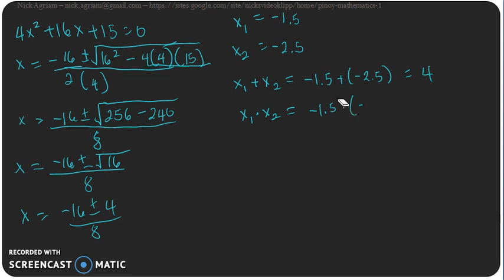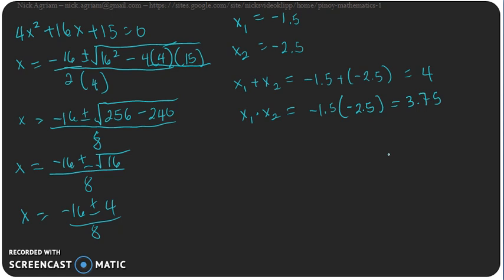Sorry, I will remove that, you will be confused. And we have 1.5 multiplied by 2.5, then it is 3.75. That's positive.